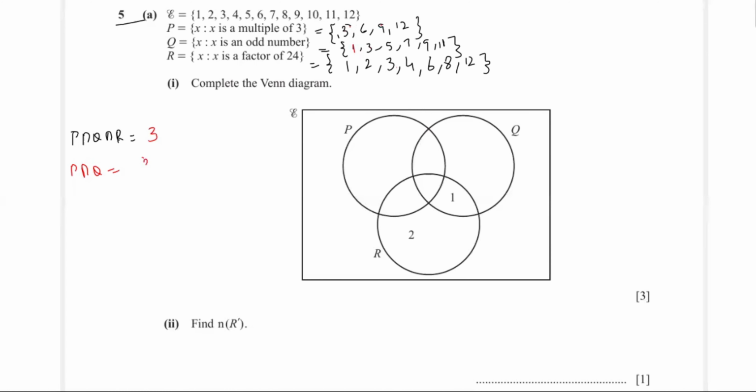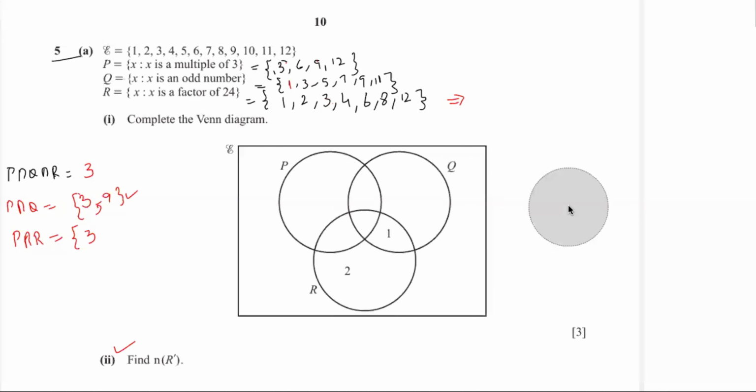We write 3 and 9. Now P intersection R: 3 is common, 6 is common and 12 is common. Now we write 3, 6 and 12. And next is Q intersection R. You see here, 1 and 3 are common.